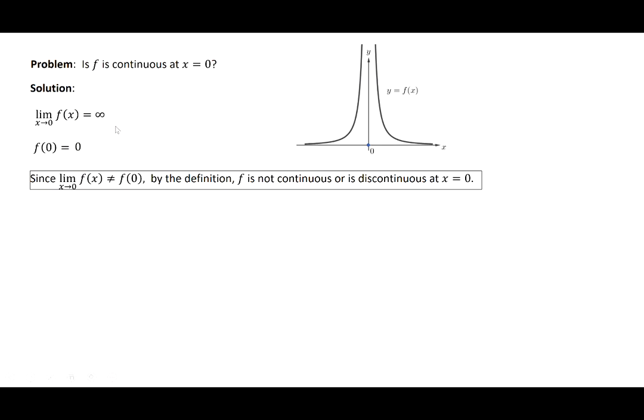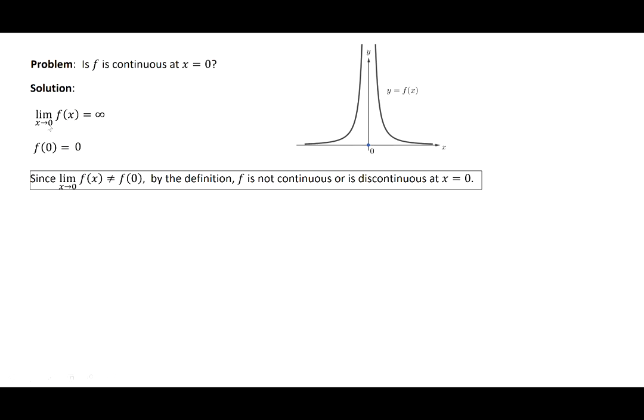And let me tell you something. Some people actually say, hey, what is the limit of f of x as x approaches 0? They say it does not exist by virtue of being equal to infinity. Do you see how that is phrased?